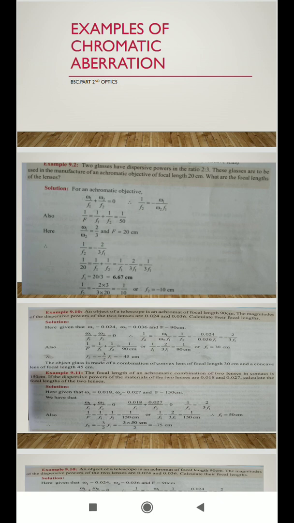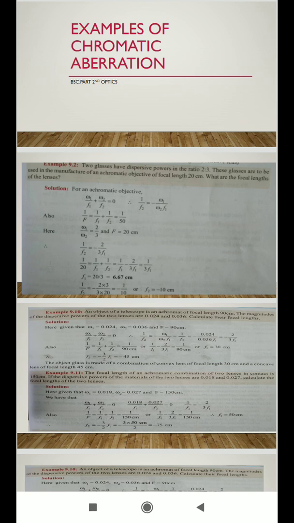The third example: the focal length of an achromatic combination of two lenses in contact is 150 centimeter. If the dispersive powers of the materials of the given lenses are 0.018 and 0.0227, calculate the focal lengths of the two lenses.